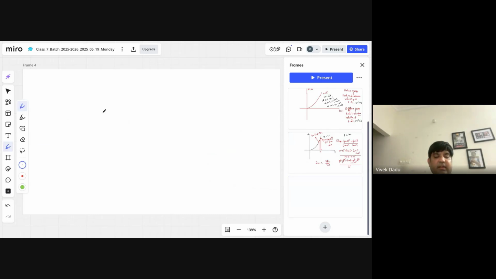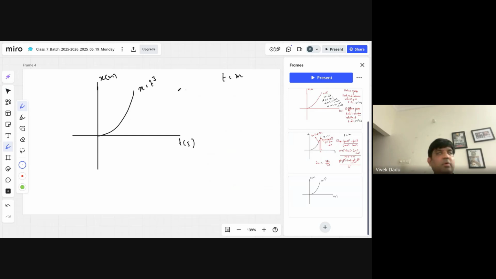Now, similarly, last class we did x equal to t cube. So let's do it for t cube as well. Now for t cube again, I am taking t equal to m to find the formula.